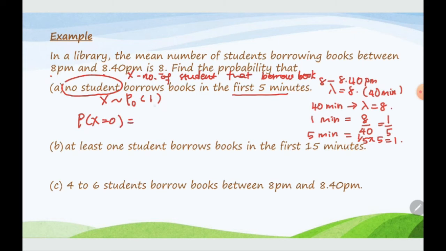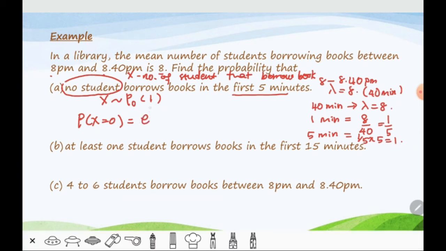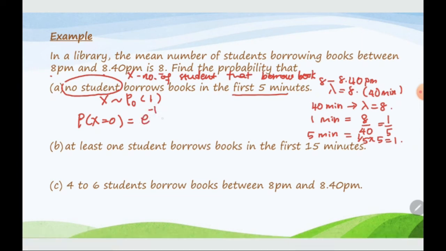So we have to use the formula to make it easy, e to the power of negative lambda times lambda to the power of x over 0 factorial. So when you calculate in your calculator, you got 0.3679.